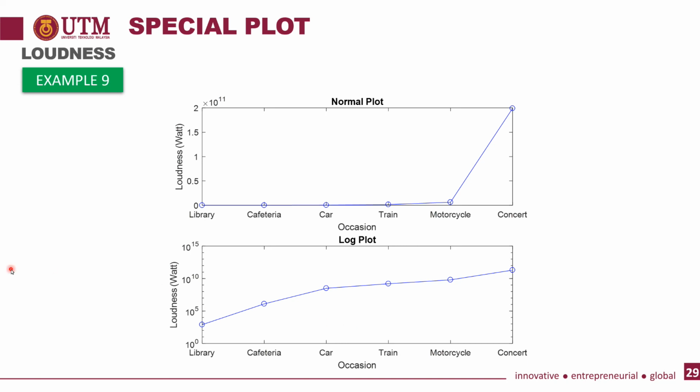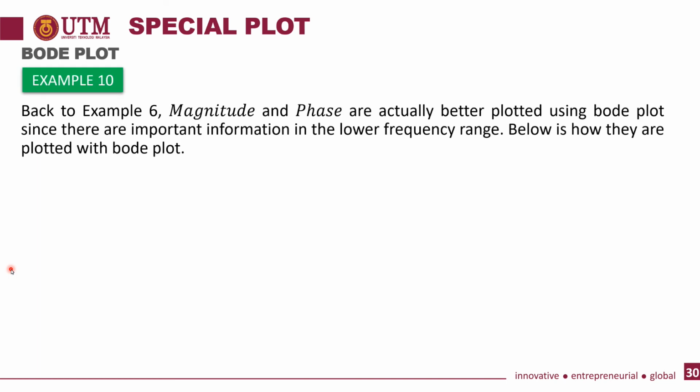All right. Okay, next is BODE plot. Back to example 6, magnitude and phase are actually better plotted using BODE plot since they have important information in the lower frequency range. Below is how they are plotted with BODE plot. So when you go back to example number 6, which is related to the RC circuit, the circuit that we learned previously, you can also create a magnitude and phase in terms of BODE plot.